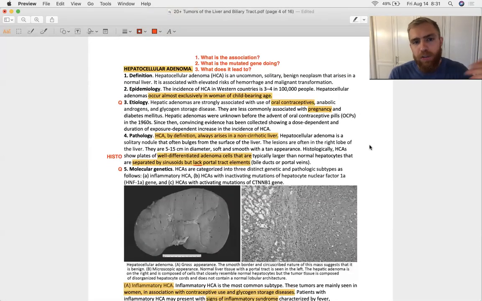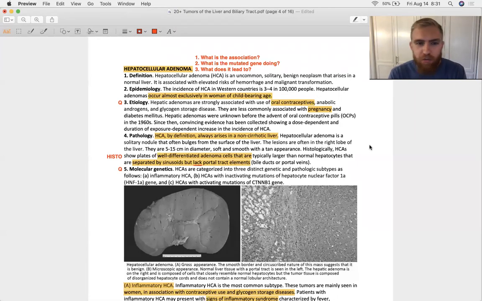Hepatocellular adenoma. What you really want to know about this hepatocellular adenoma is that it occurs almost exclusively in women of childbearing age. It's very, very heavily related to estrogen, oral contraceptive use, and pregnancy. Now, glycogen storage disease too, but I don't think that they would waste a question asking you about some random glycogen storage disease when there's so much else to ask about in this SDL.